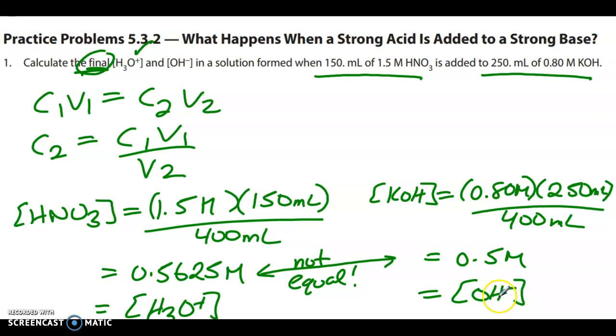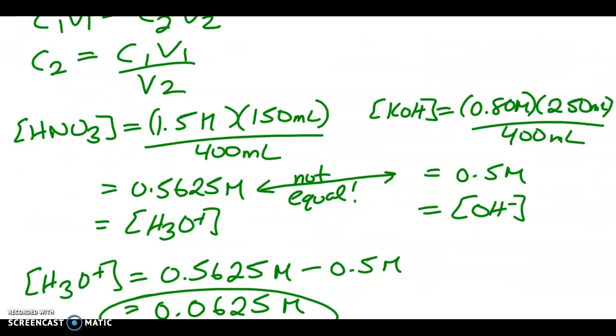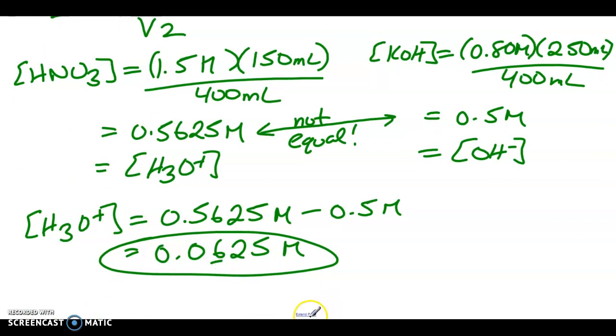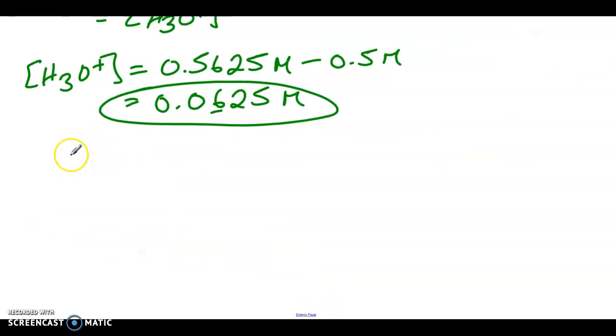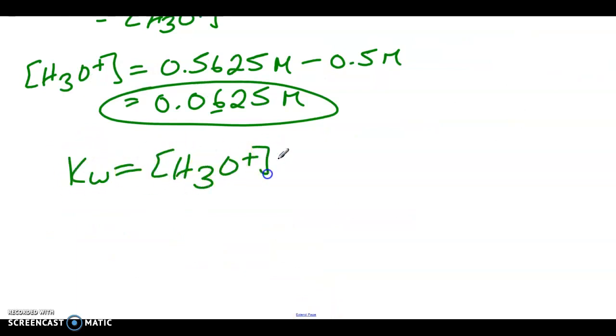Okay, we're probably wondering now, well, the question asked us to solve for hydronium and hydroxide. So you're probably thinking, but didn't the hydroxide all get neutralized? But we still have this in an aqueous solution. Because we know our hydronium concentration of what's remaining, we can use the Kw expression to determine the hydroxide concentration coming from just the water.